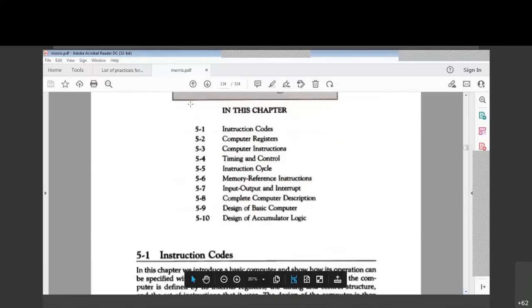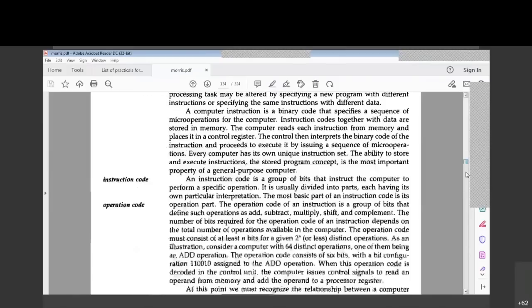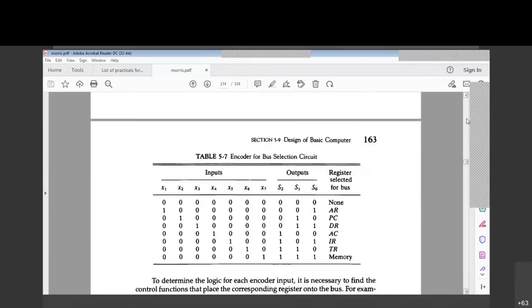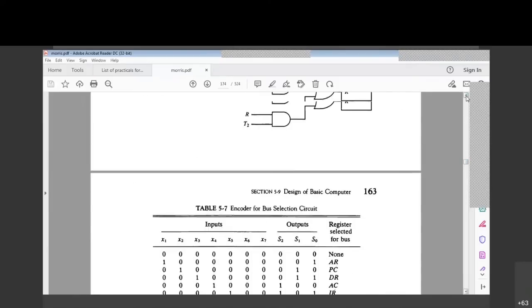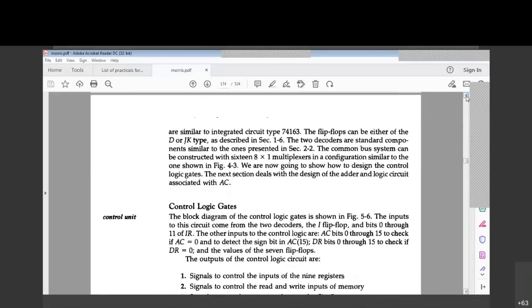Okay, so if you look at the index, we have covered this much, and register reference instructions are covered in this 5.5 itself. So today we'll be moving ahead with memory reference instructions. Now, quickly, let us recall what are memory reference instructions. In memory reference instructions, the opcode ranges from 0 to 6, right?